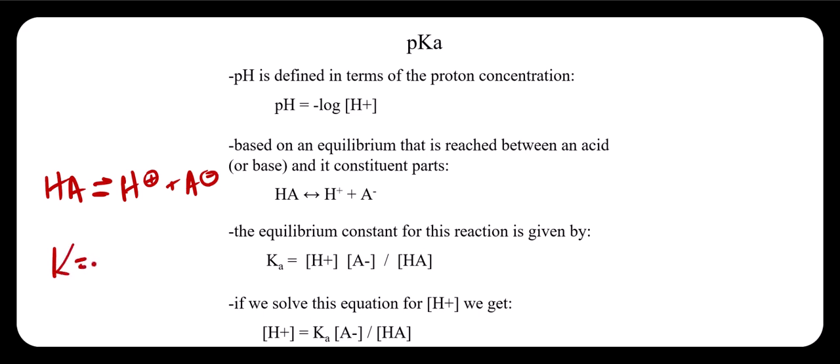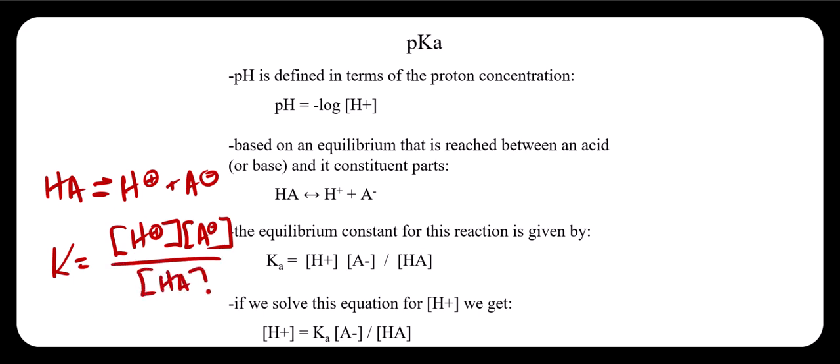If I apply my equilibrium constant to it, I have the concentration of the products divided by the concentration of the reactant. And if I were doing real concentrations and a real acid in a real equation, I could plug in all those numbers. But let's go back for a second.